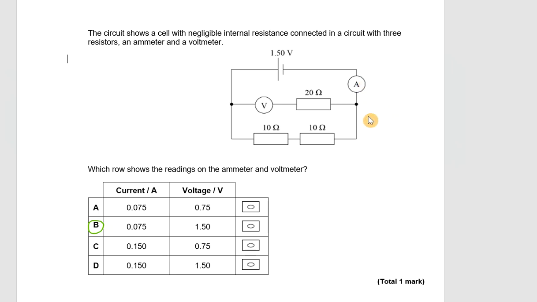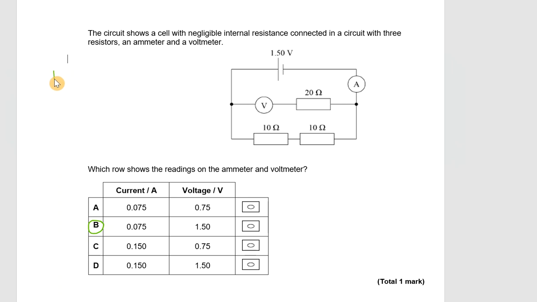Well, the ammeter is the simplest one. The ammeter is going to read the current going through the first branch and the second branch, but there won't be any current through the first branch because a voltmeter has an infinite or almost infinite resistance. So the only current is the current going through that first branch.